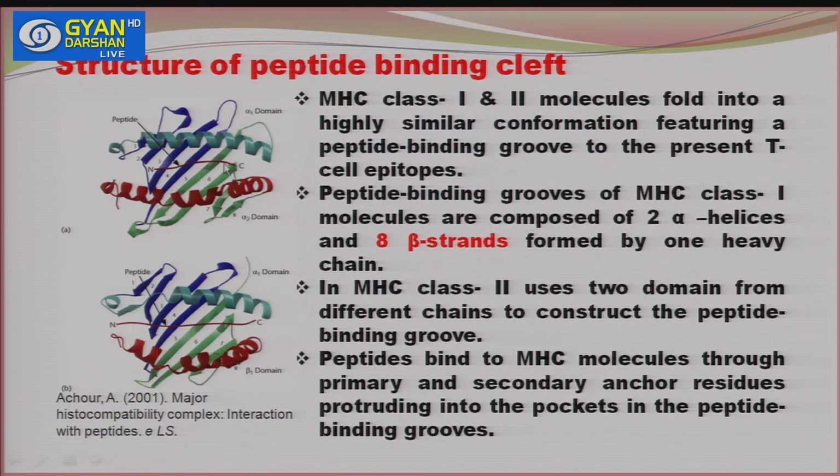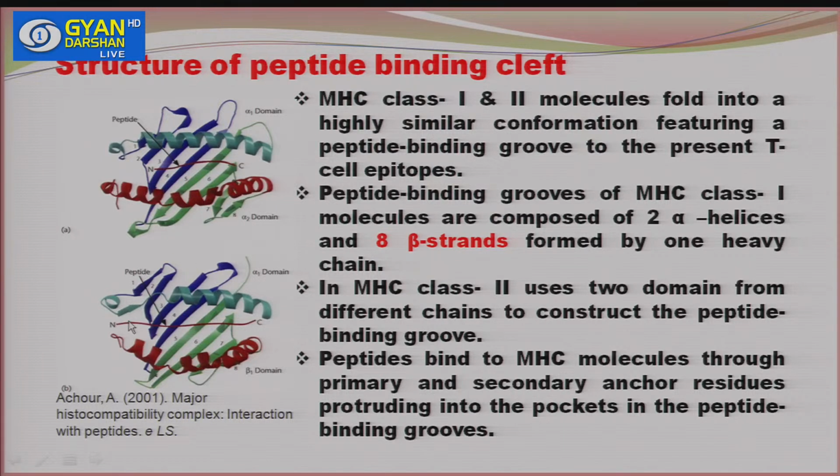You can see the structure of the beta sheet, formed by one heavy chain. In class second MHC, 2 domains formed by different chains construct the peptide binding groups, and peptide binds to the MHC molecule through the primary and secondary anchor residues protruding into the pockets of the peptide binding groups. So basically it is a peptide binding groups or peptide binding cleft.